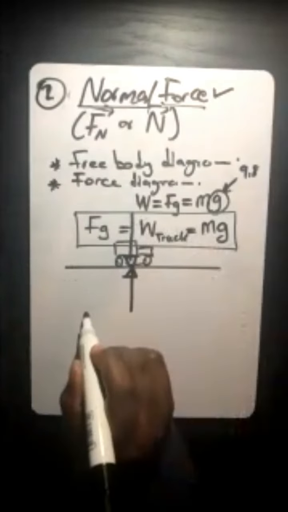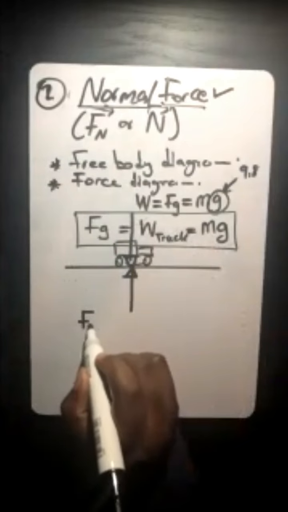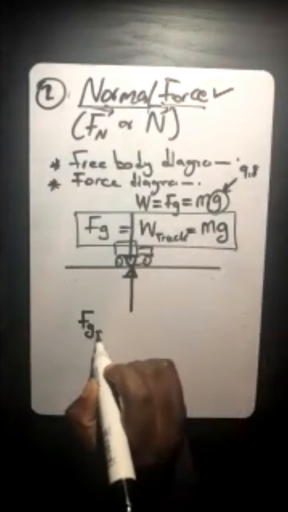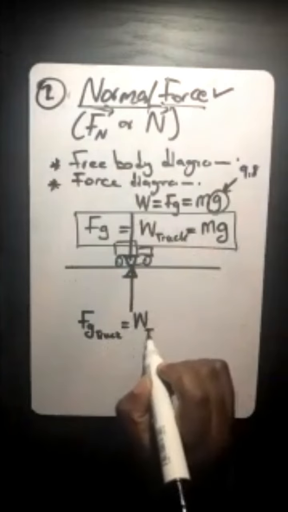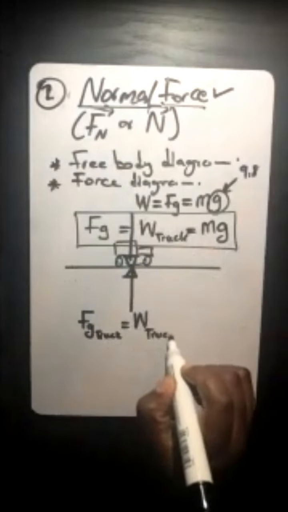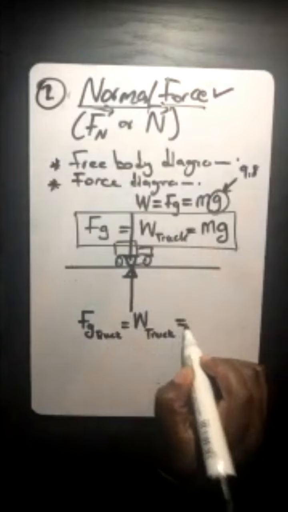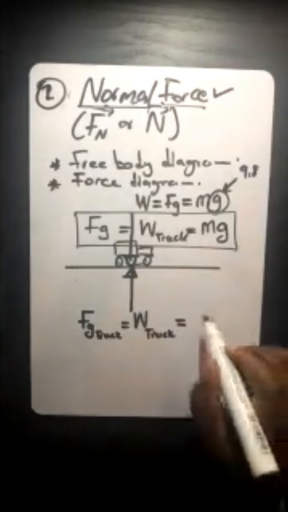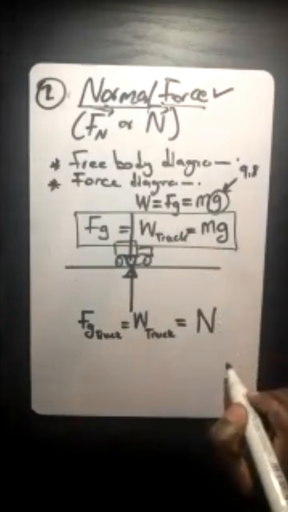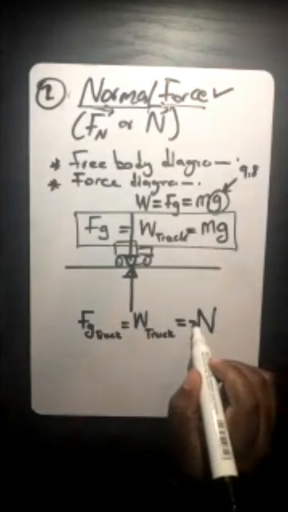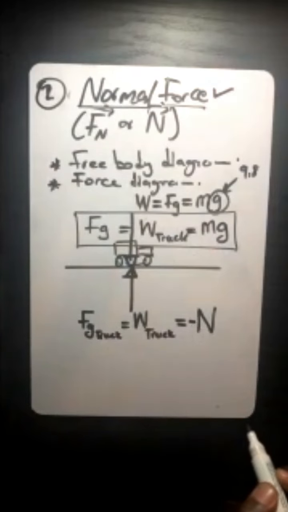So that means the force of gravity of the truck, which is actually the weight of the truck, is the same, guys, as the normal force, but in the opposite direction.